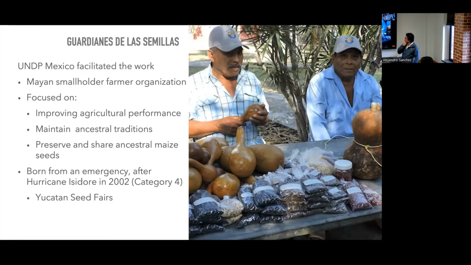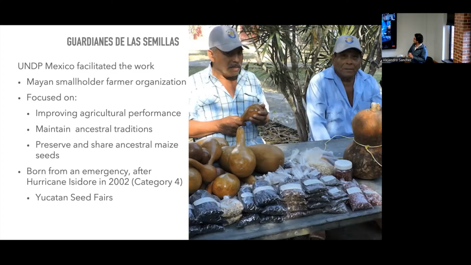And actually, I was thinking on my way here that it's very interesting that we're about to be hit by a hurricane, because the Seed Guardians were born from a hurricane emergency. In 2002, Hurricane Isidore basically destroyed the whole agricultural sector in the Yucatán Peninsula. It went across the state and flooded all the fields.